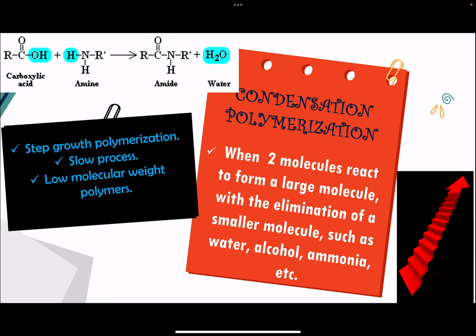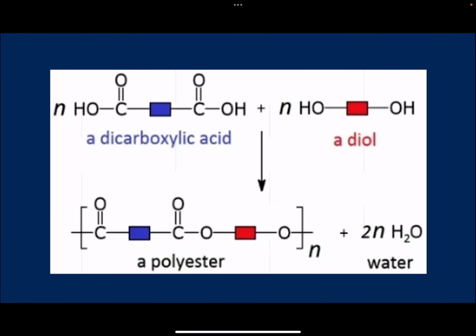Such polymerizations are slow in process and they follow a step growth polymerization pattern. The polymers formed will be of low molecular weight. This is another example of a dicarboxylic acid reacting with a diol, and we are getting a polyester as well as water as byproduct.